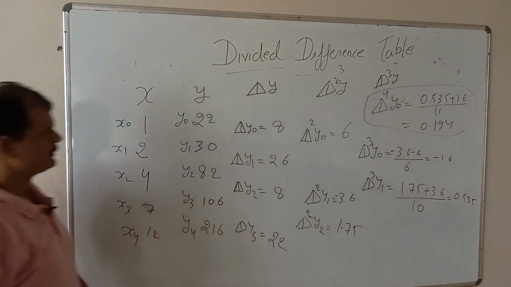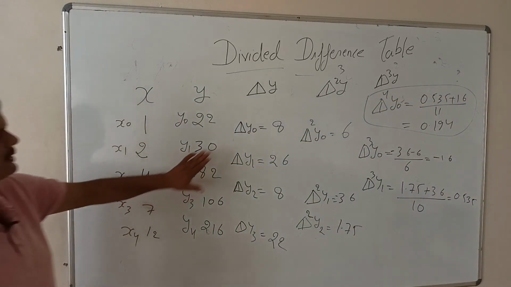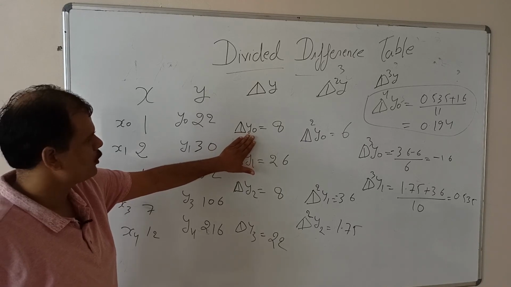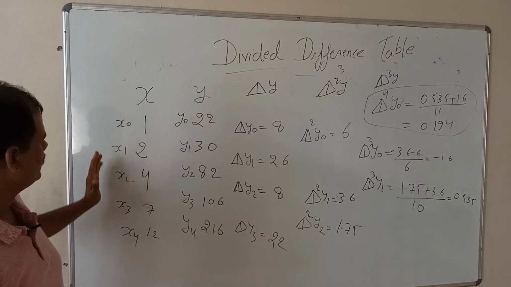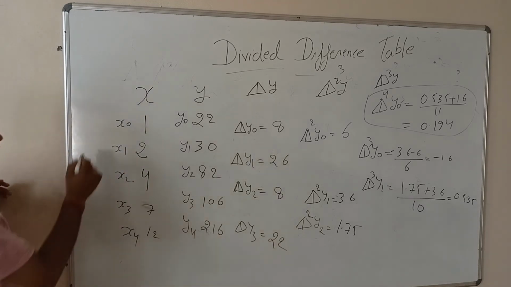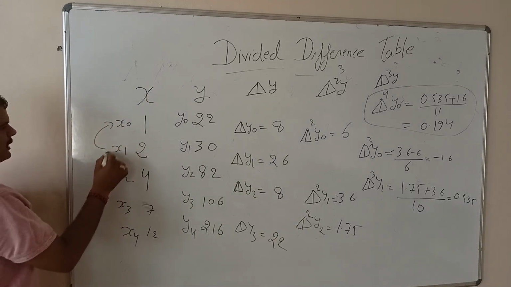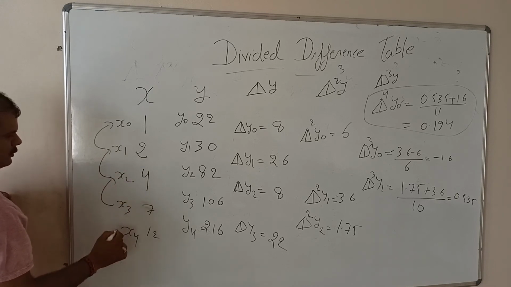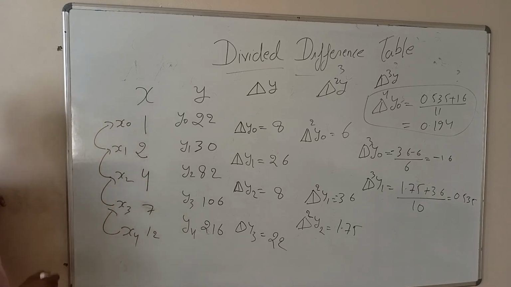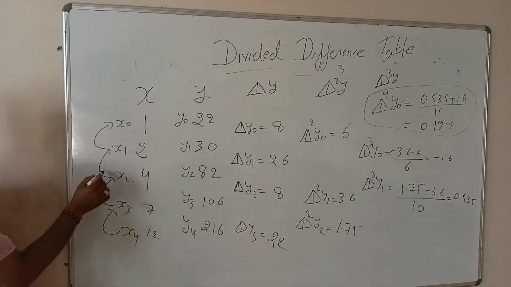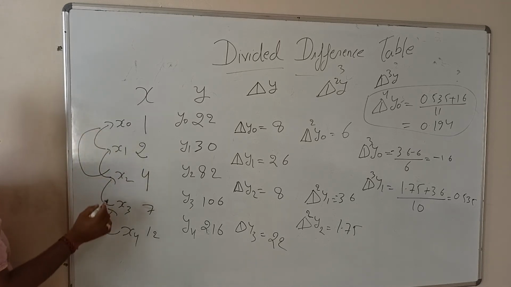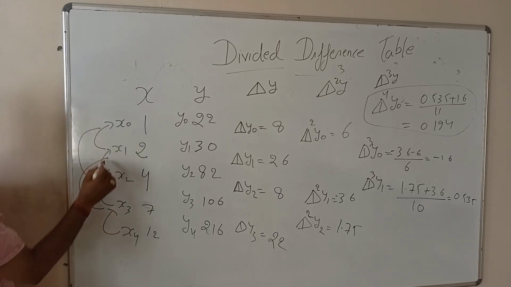Fine. So this is the difference table. It's very simple. For the first del y, we have x1 minus x0, x2 minus x1, x3 minus x2, x4 minus x3. Delta square y means we'll get x2 minus x0, x3 minus x1, x4 minus x2.